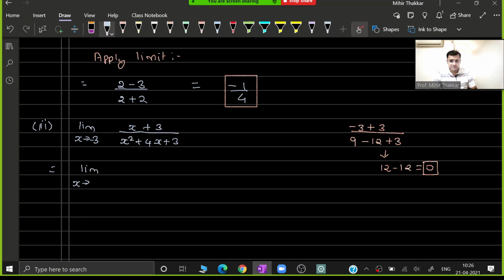Limit x tends to negative 3. The factors are very simple in this case. x square plus 3x plus x plus 3.